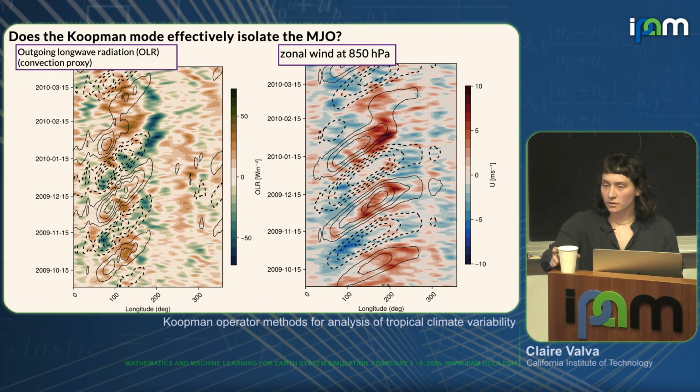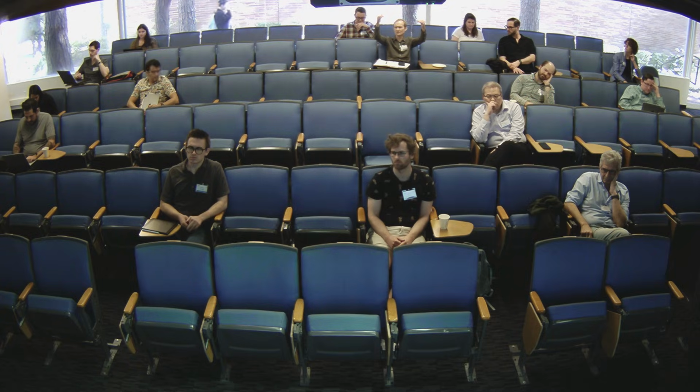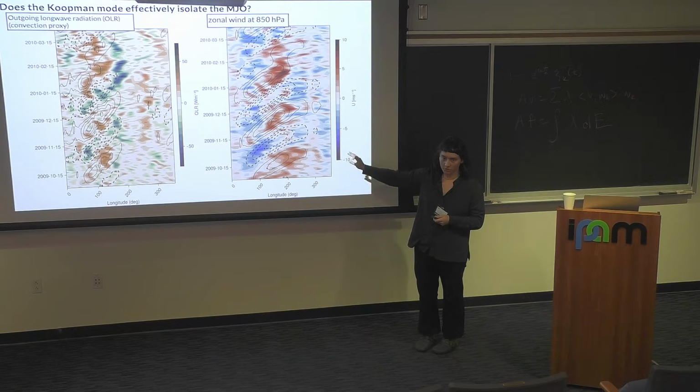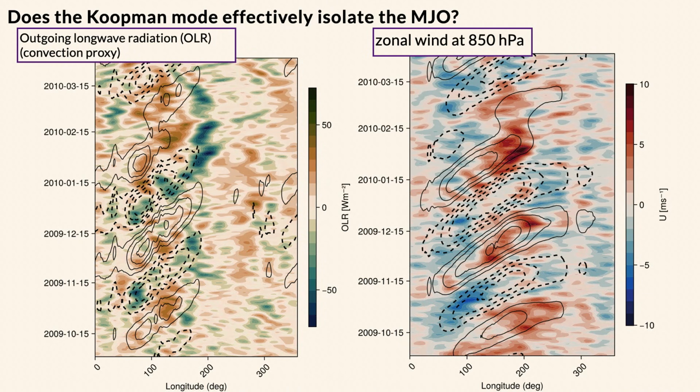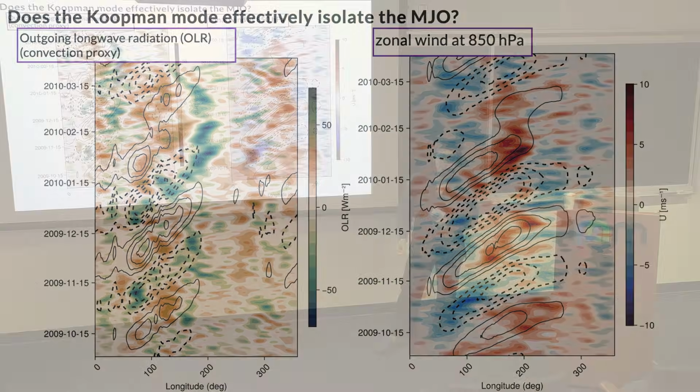Are your modes 2D or 1D, and you're propagating the mode in these pictures? The color is the mode, right? Oh, sorry. The color is the variable field from 2 slides ago. These dotted lines are the Koopman mode that I've projected on the index. Which is 2D. It is 2D, yeah.